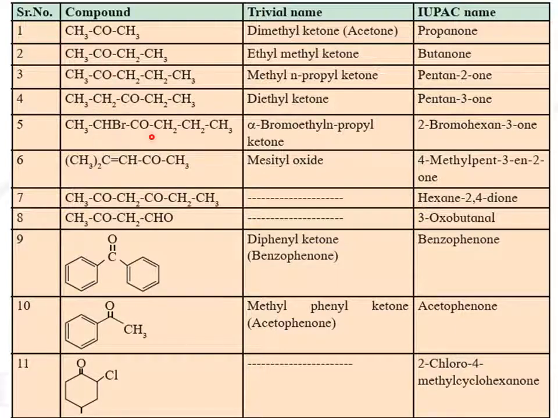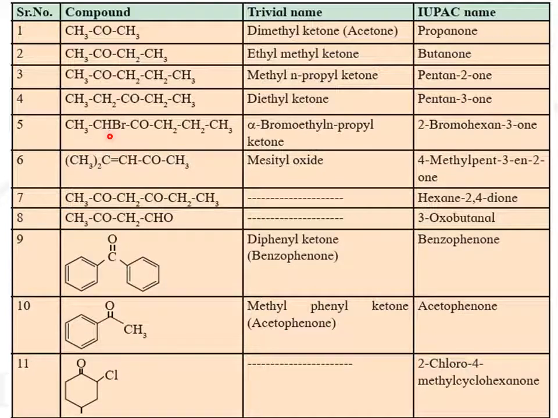Then the next one is a substituted ketone. Here you can see that there is a bromine at this carbon which is next to the carbonyl carbon. So indicate this with proper locant. The carbon which is next to the carbonyl carbon is the alpha carbon, and at the alpha carbon bromine is present. Hence its name is alpha bromo. And there are two carbons present in this alkyl part of the ketone.